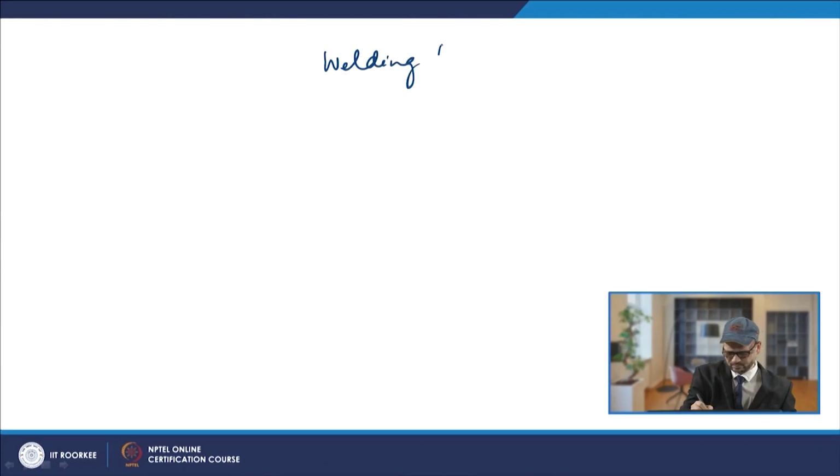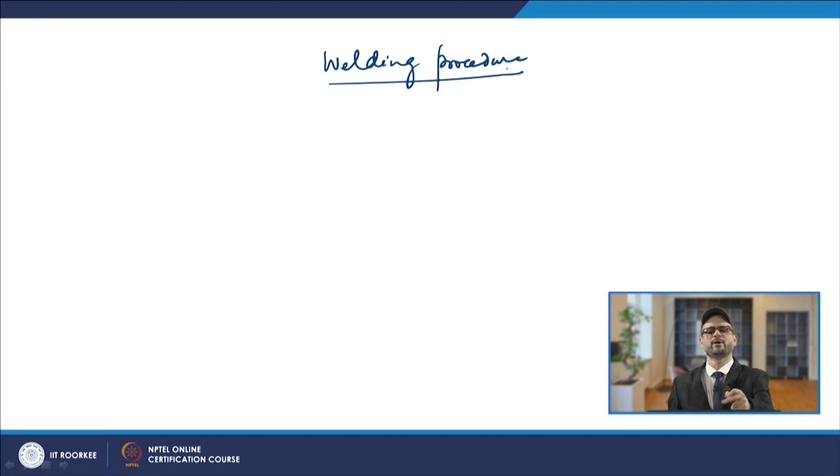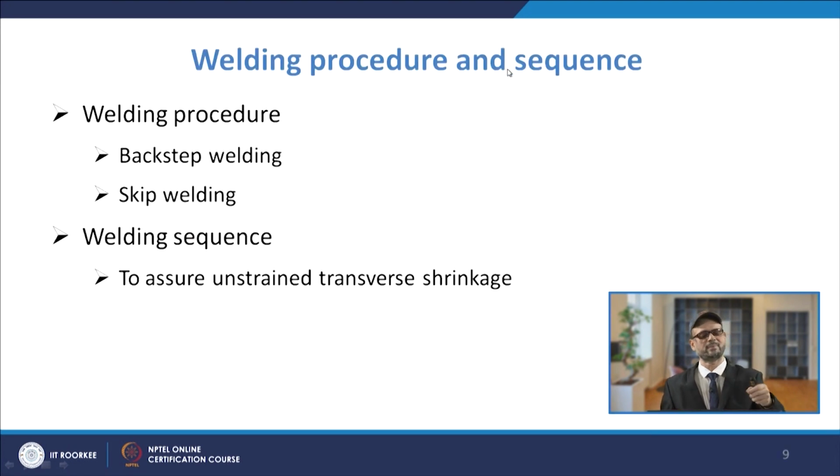The tack weld length is normally taken as 2.5 times the thickness. The important points to be seen are the back step welding and the skip welding.